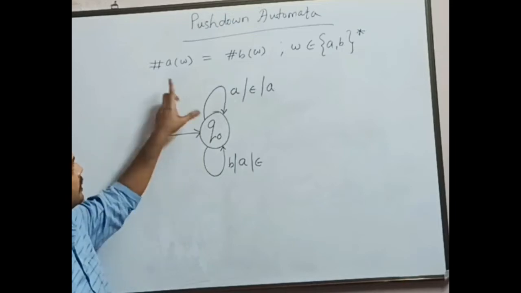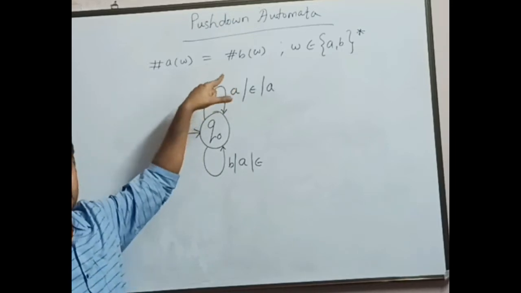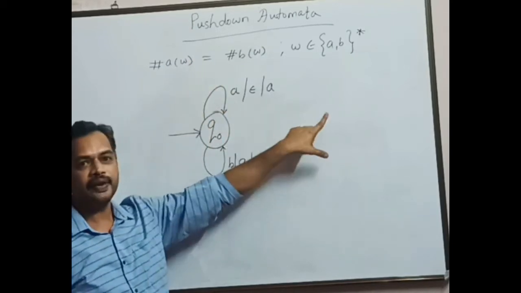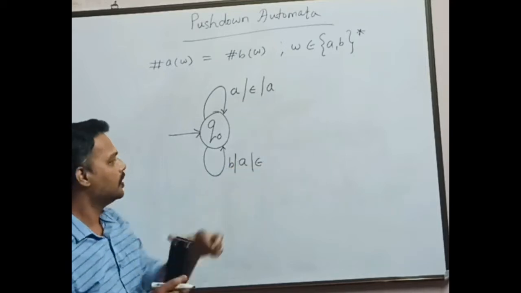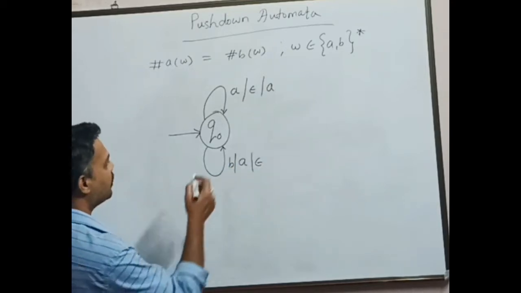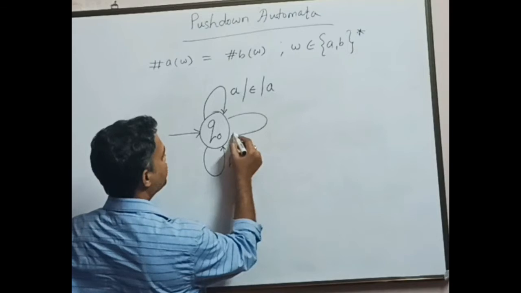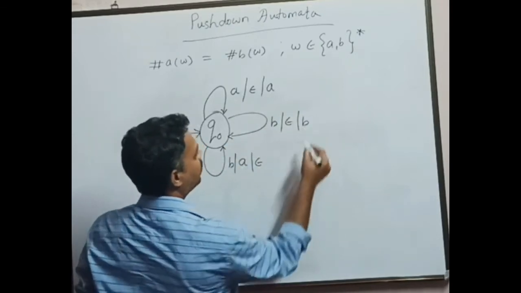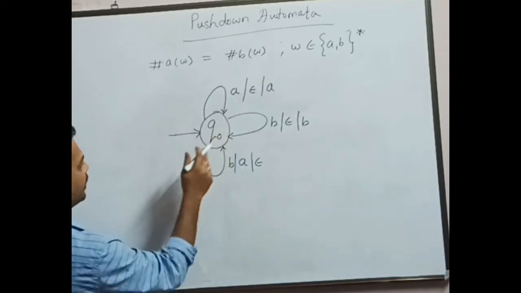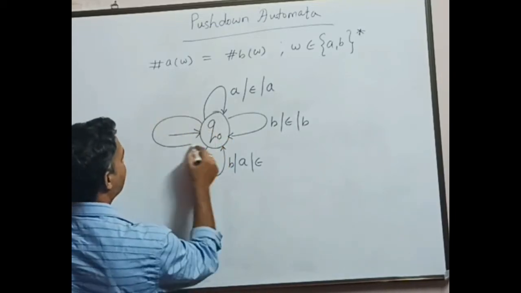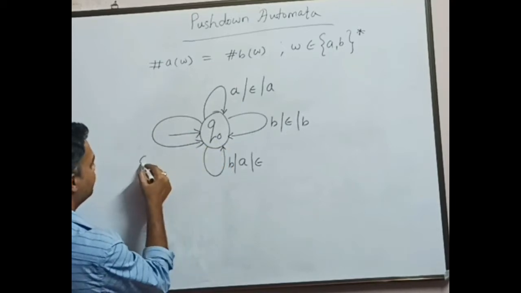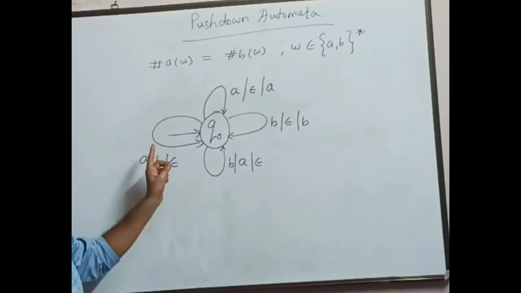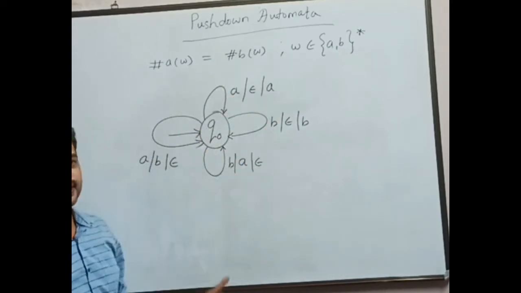Now, in the second condition, since there is no pattern associated with the given language, anywhere A may come and anywhere B may come. So we have to tackle that situation also. If B is encountered first, let us push B. And if A is encountered after that, pop B. Why do we have these 4 different transitions in the same state?